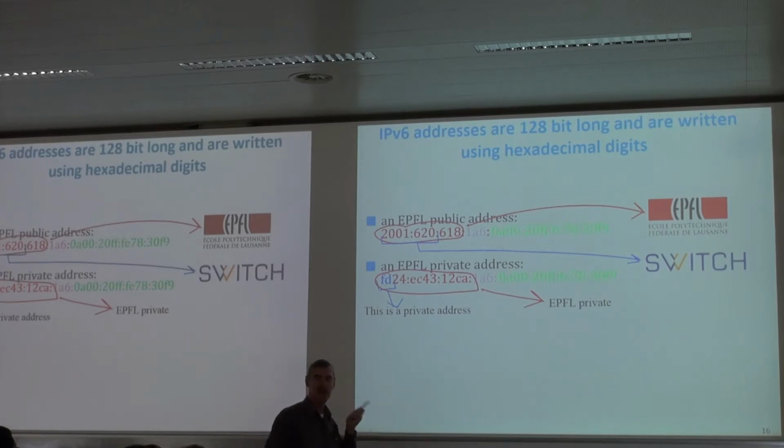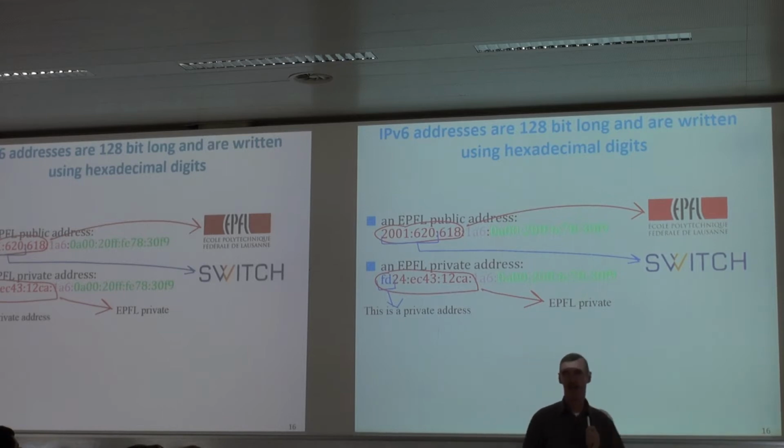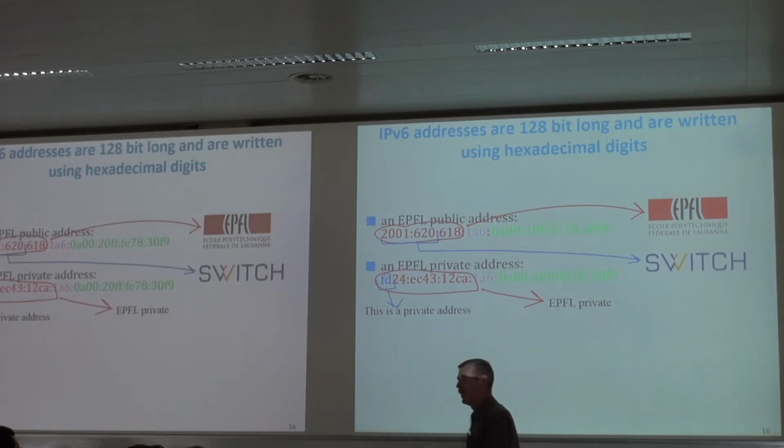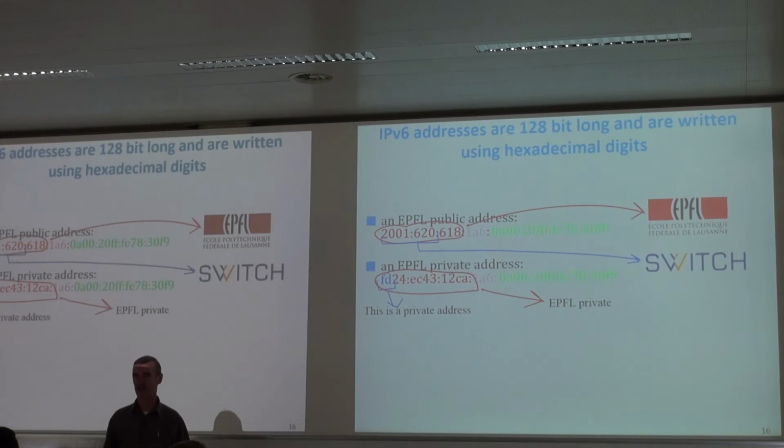There is some meaning, but the meaning of the address is impossible to guess just by looking at the address. I know the meaning because I know that EPFL's prefix considers only those 48 bits that are written in red. Then the pink part is 16 bits that identify which subnetwork inside EPFL, and the green part is the host part.